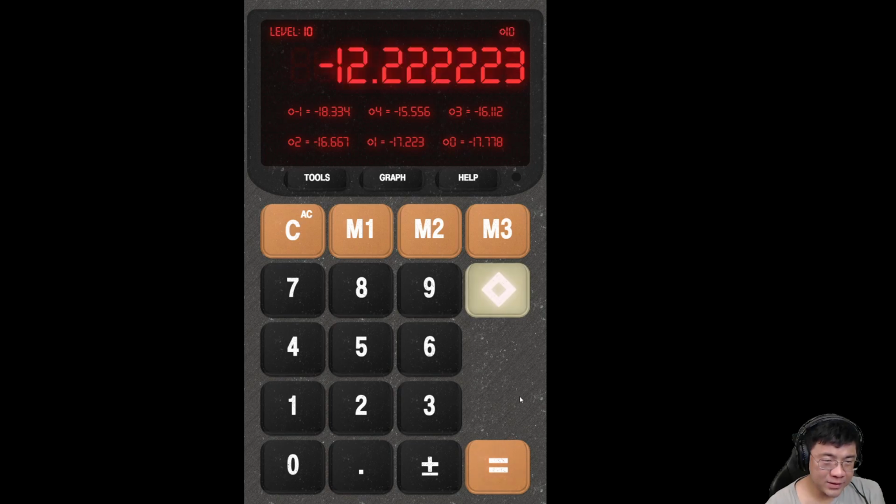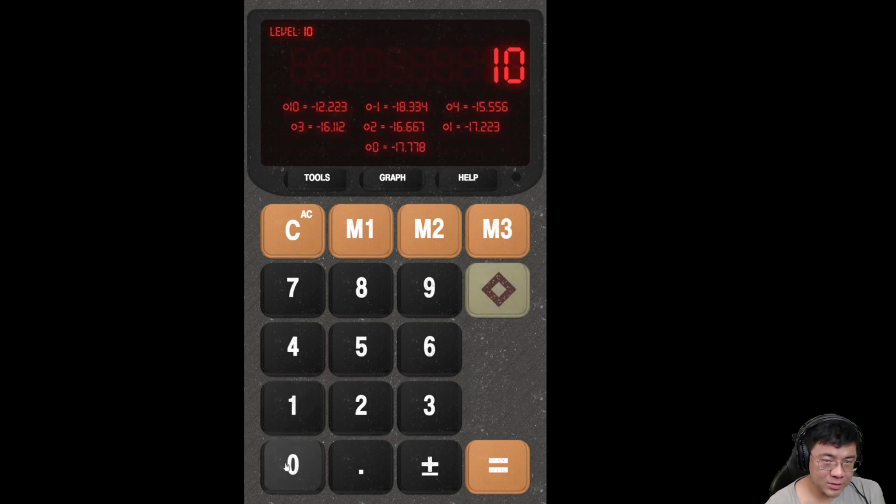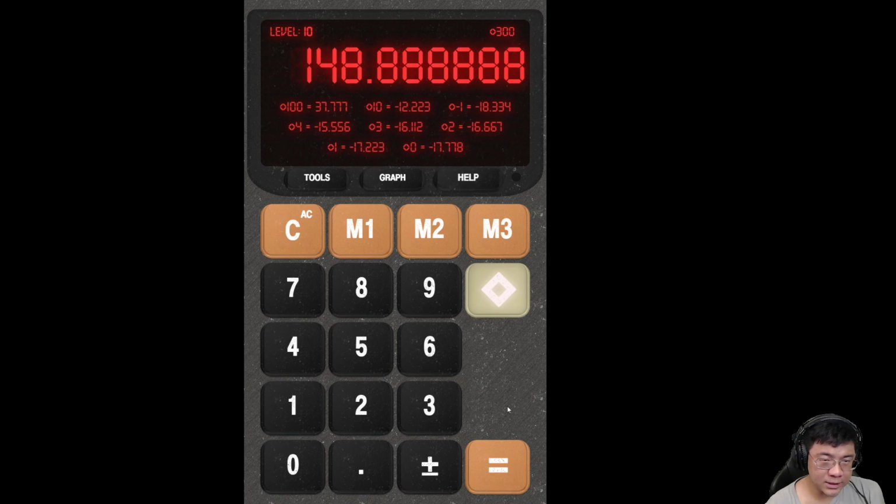Negative 12. Uh, 37. What about, actually, 48?